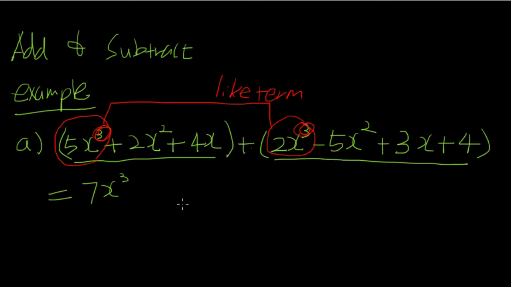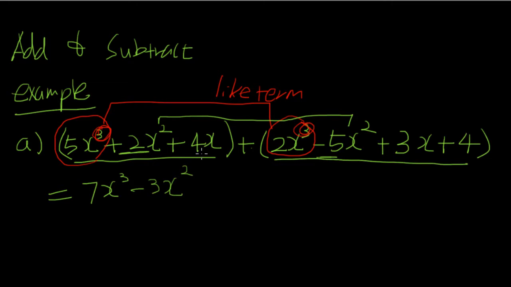Now you have plus 2x squared minus 5x squared. Of course, these two are also like terms, right? So you combine plus 2 and negative 5, and that becomes negative 3x squared.